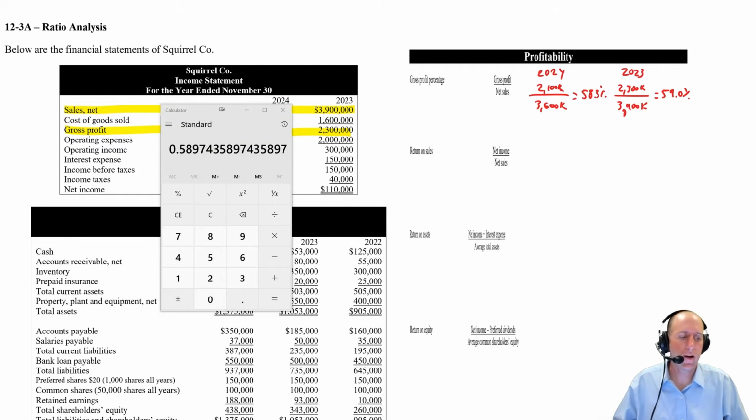So, would you rather have 58% margins or 59% margins? Bigger is better. This is minor, but it is better, right?